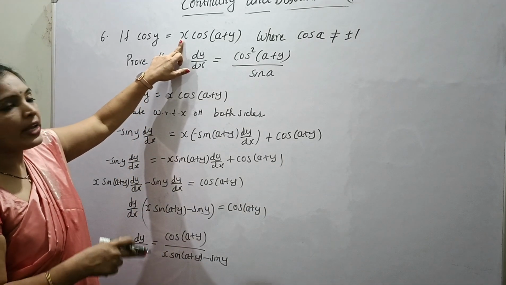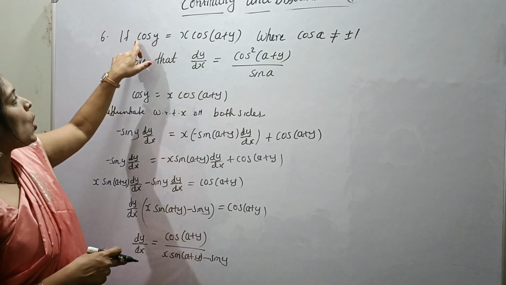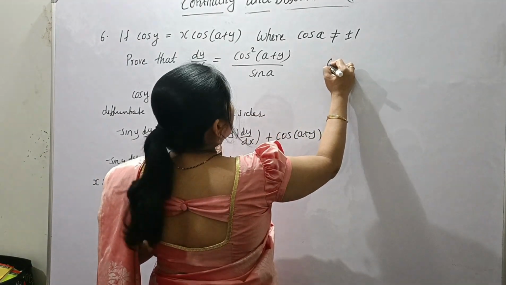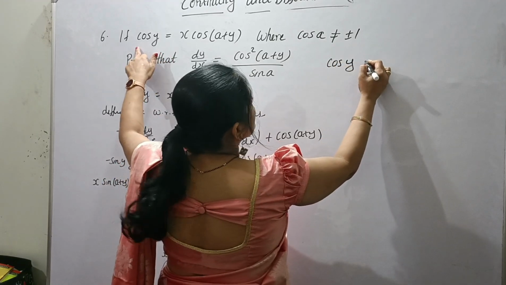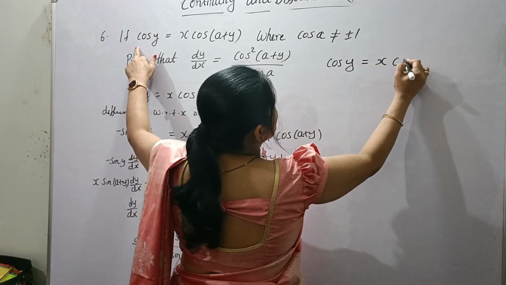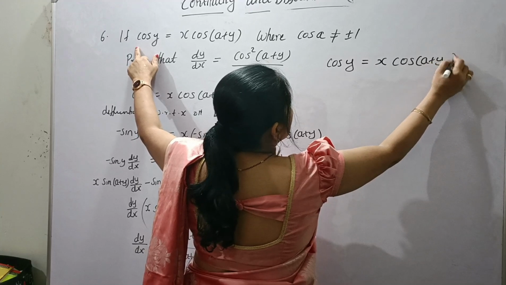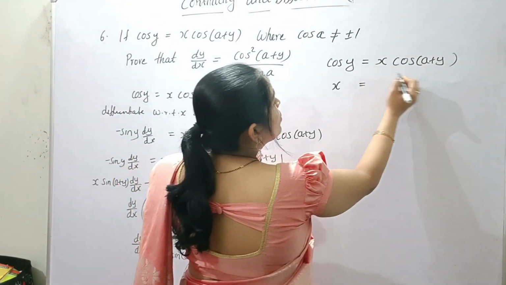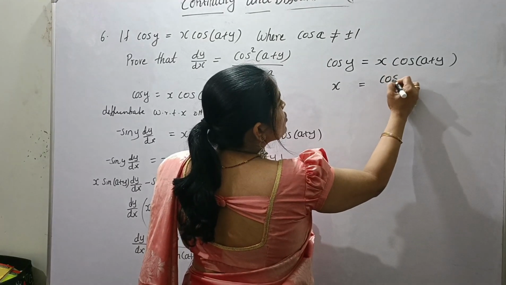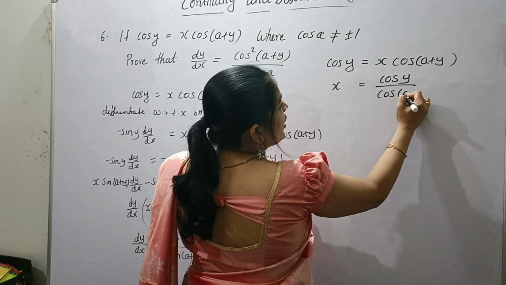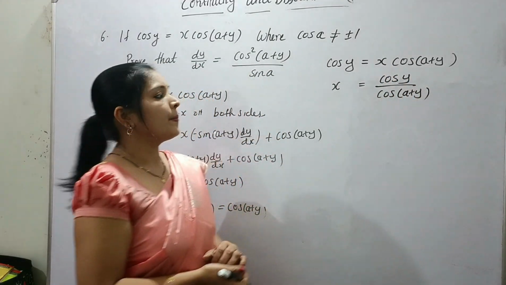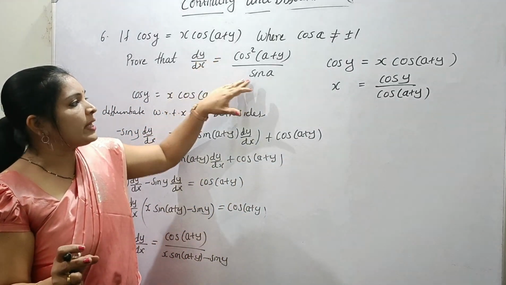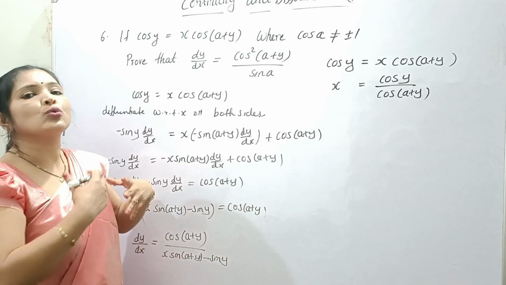So from this equation we can find x is equal to cos y divided by cos of a plus y, given the equation cos y is equal to x into cos of a plus y. Because in our RHS there are no x terms, we have to change this x to y terms.